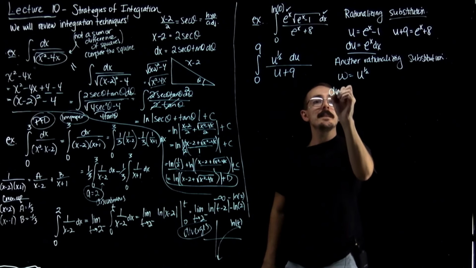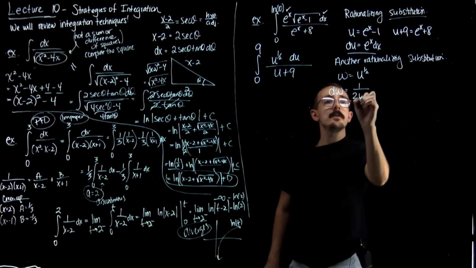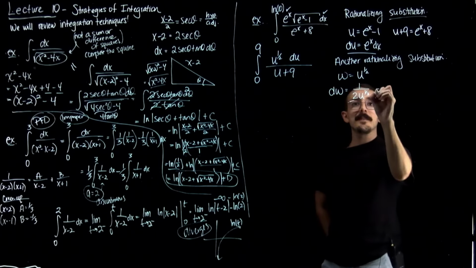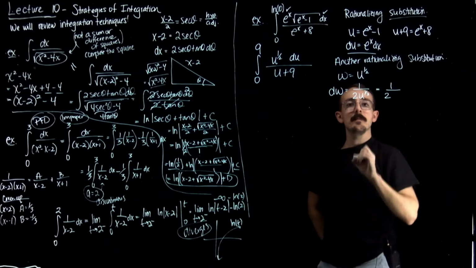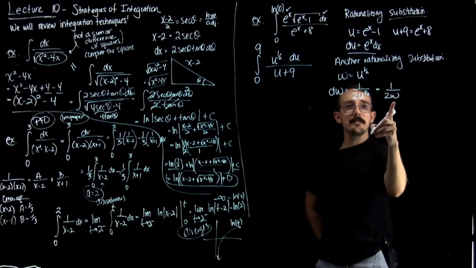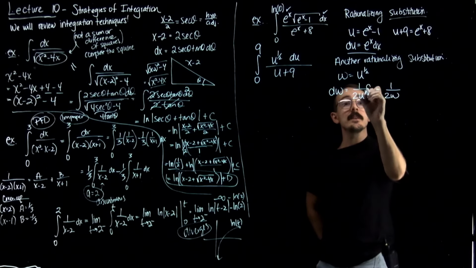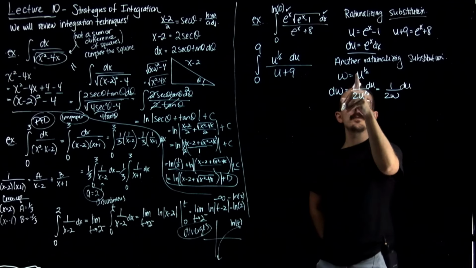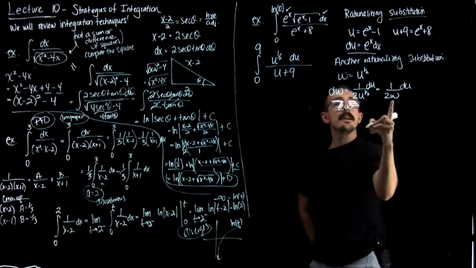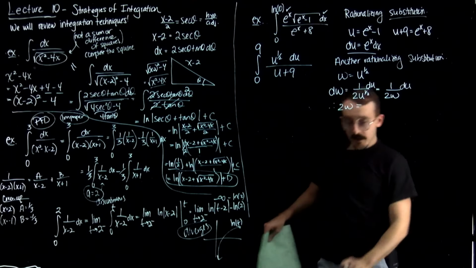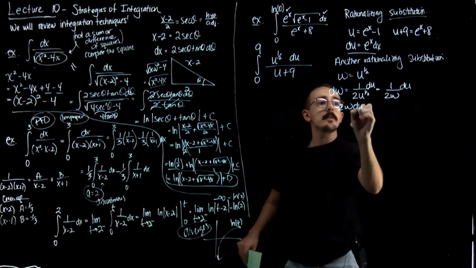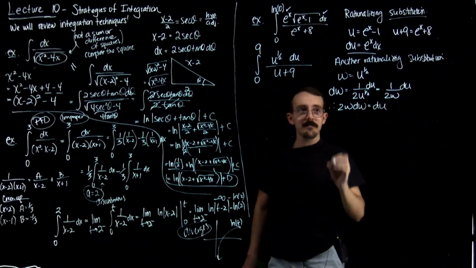Then dw is 1 over 2 u to the 1/2 power du, if I take the derivative. However, u to the 1/2 power is w, so this is 1 over 2w du. And if I solve this, I multiply the 2w over here, so 2w dw is du.